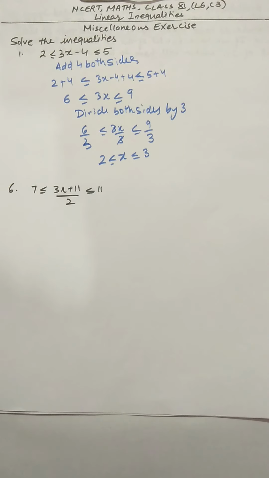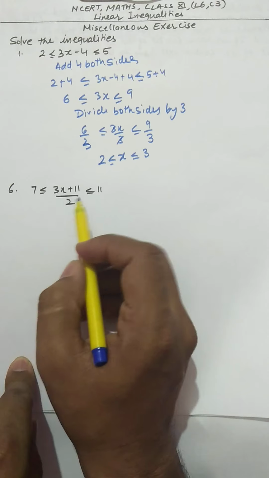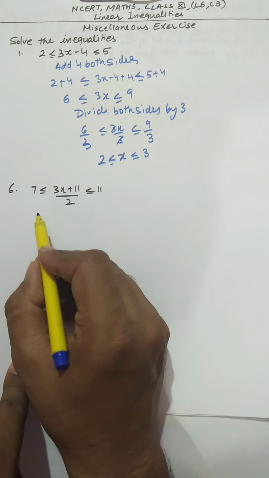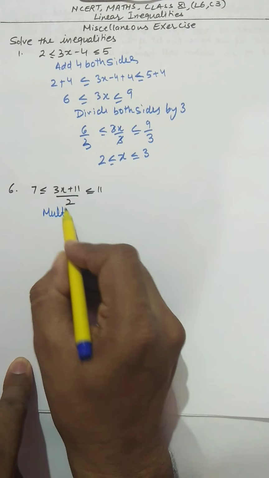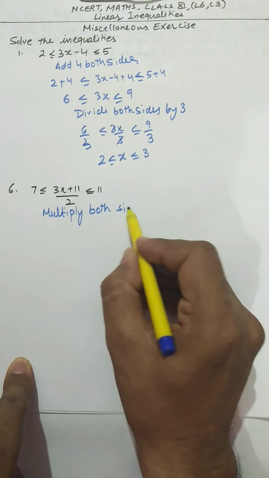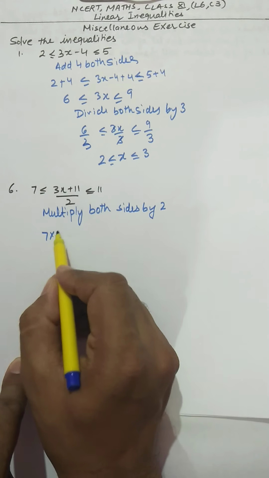Similarly, you see this question number 6. Now I want to remove this 2, so I multiply both side by 2. So this will become 7 into 2, 14.